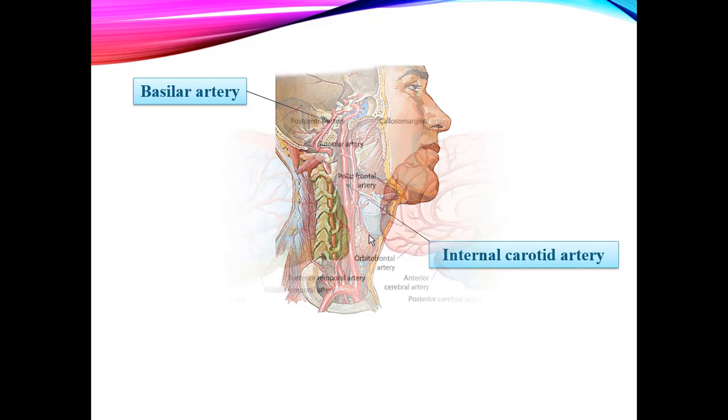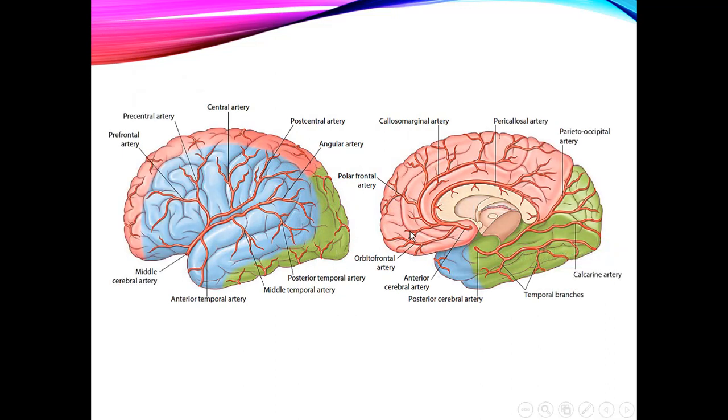Each hemisphere is supplied by three main branches, including the anterior cerebral artery, posterior cerebral artery, and the middle cerebral artery.